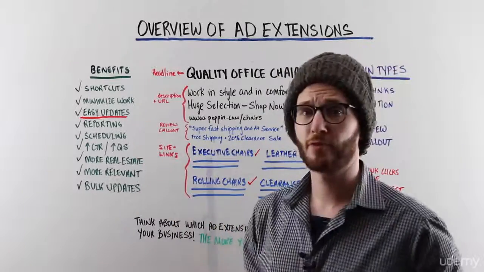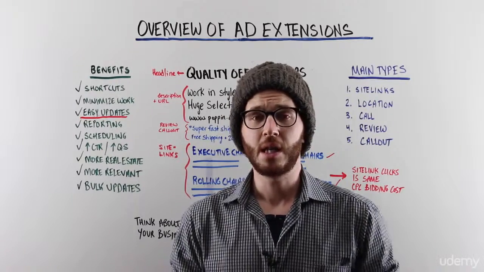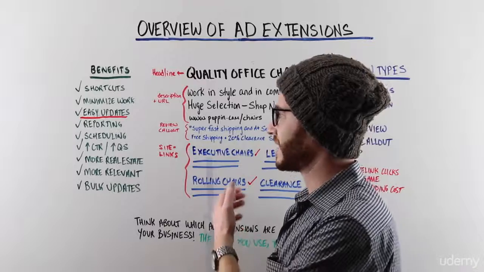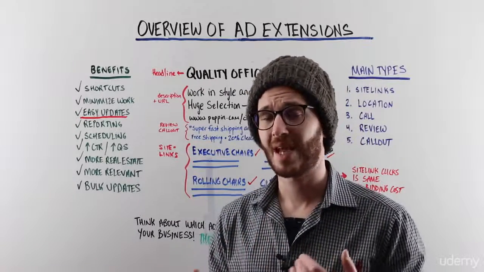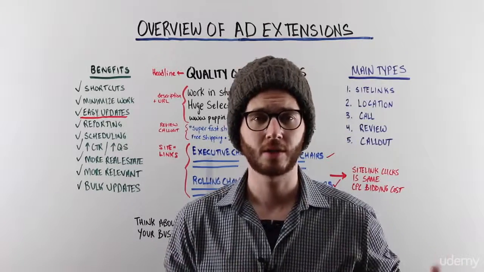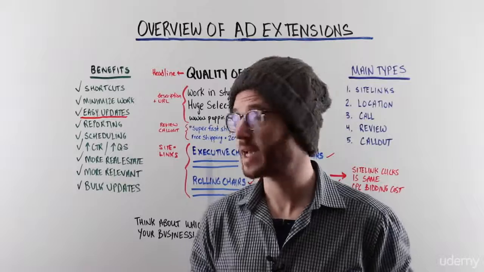Ad extensions also have really cool reporting, which we'll take a look at in a later video. You could see how many clicks a site link has received. One of the types of ad extensions is a call-out extension. It's a line of text that allows you to highlight certain services, sales, and specials. So it's just an extra line of text.